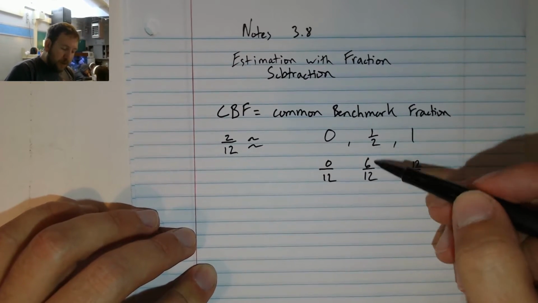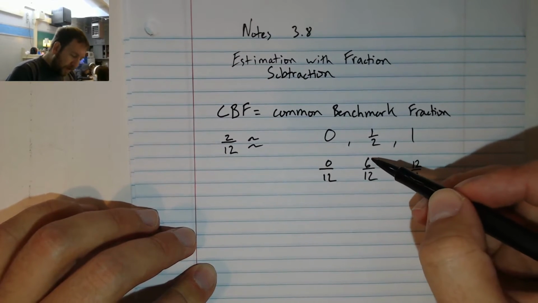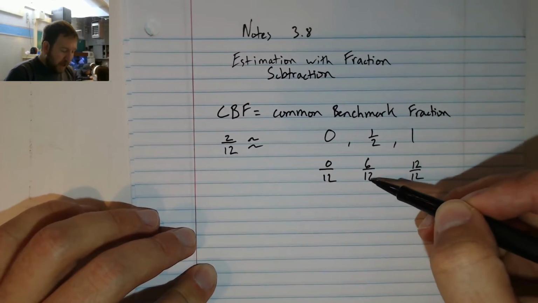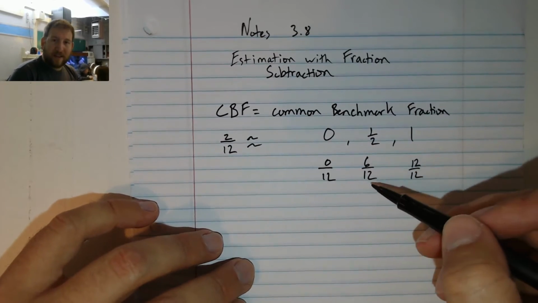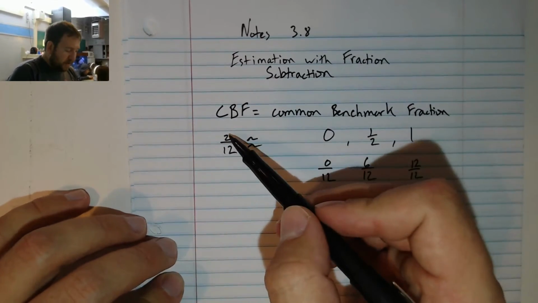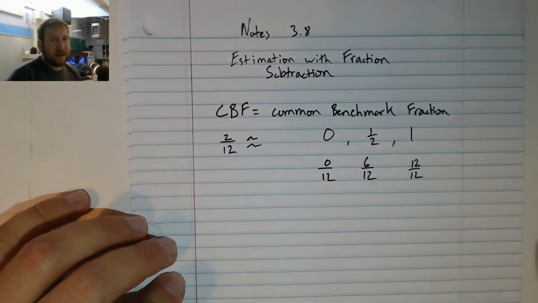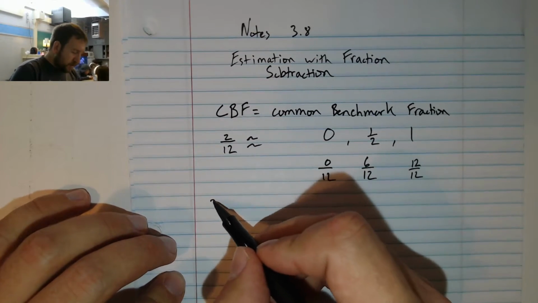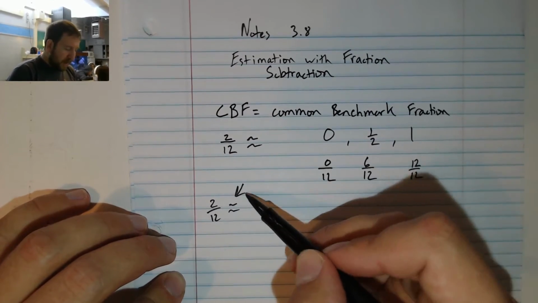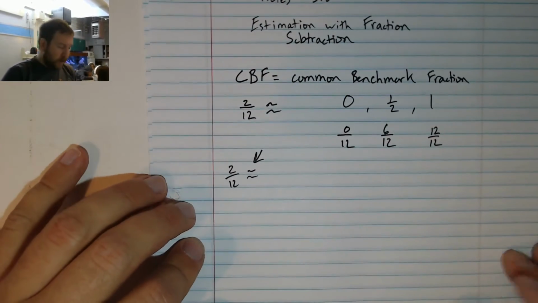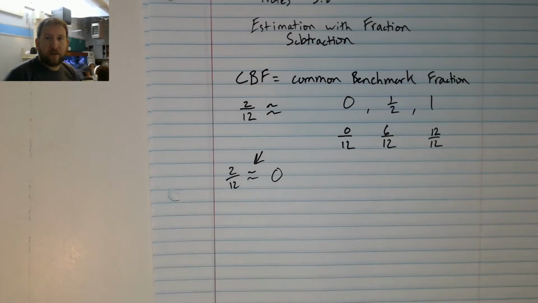And whatever I put in the center one, if I multiply the top by 2, it should be equal to the bottom. And that would show me that I'm at exactly 1/2. And then I can look at 2/12. Oh, that's about 0. So I can say 2/12 is approximately equal to 0.